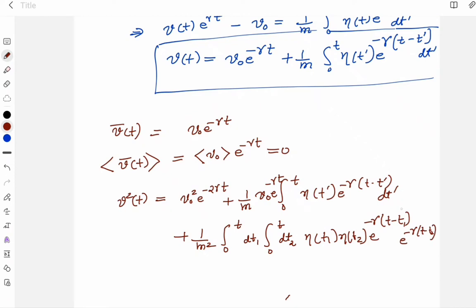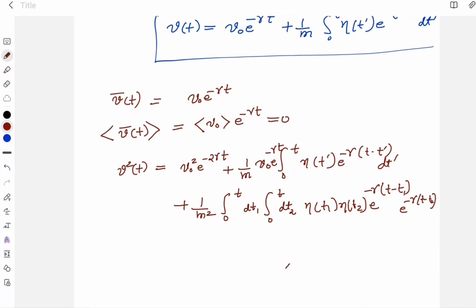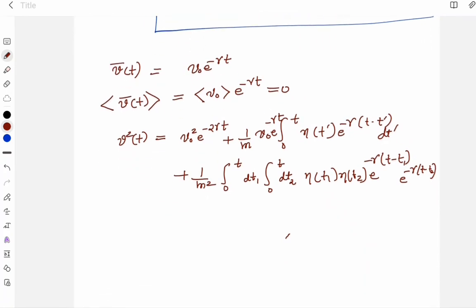I just use t1 and t2 because otherwise you have to put double prime and prime, so these are dummy variables, they don't affect the whole integration, so you can write in terms of t1 and t2 as well.